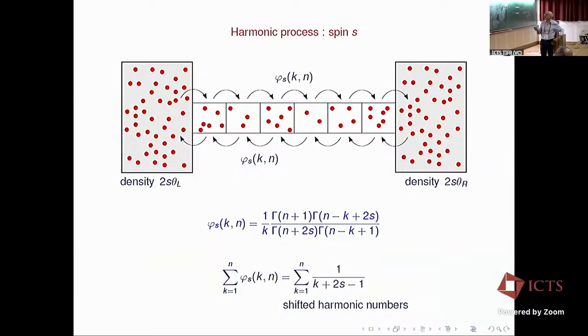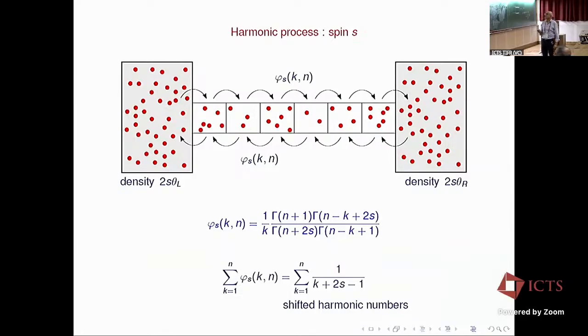And the name harmonic is justified by the fact that if you sum these elements over k, then this is the diagonal element of the matrix, the holding rate before you make a jump if you wish, and this is related to the harmonic number for spin 1/2 and generalized or shifted harmonic number for spin S. So this explains the name.